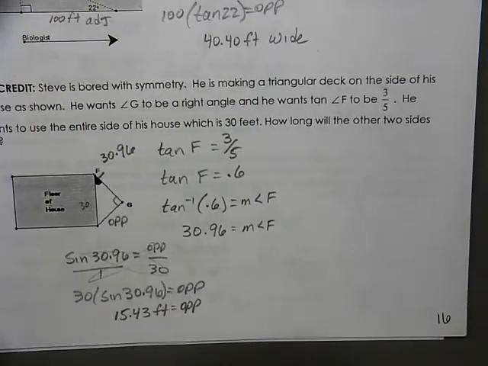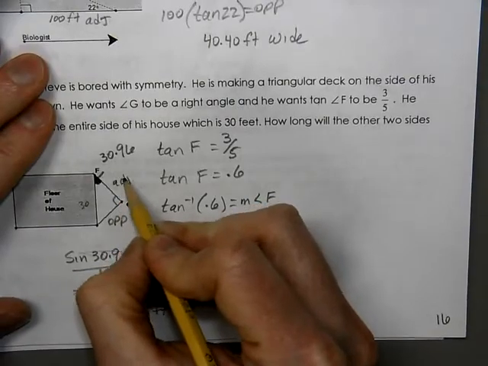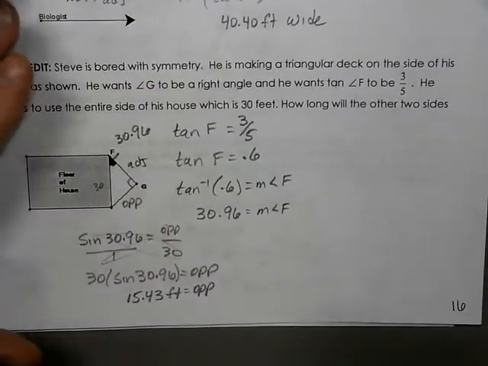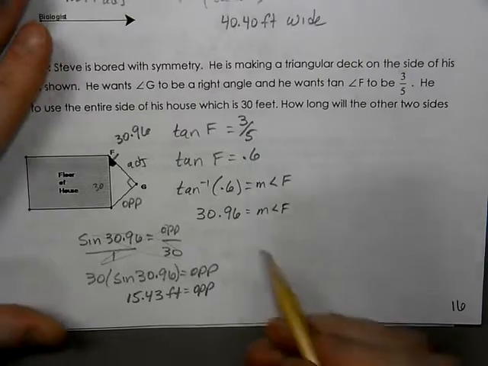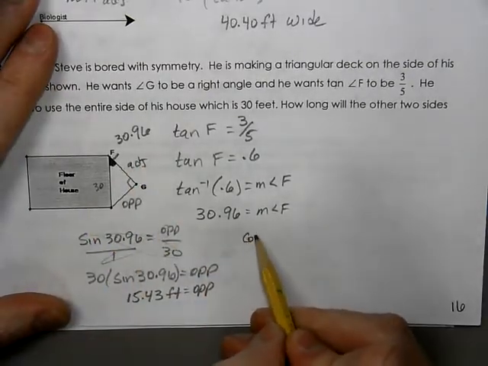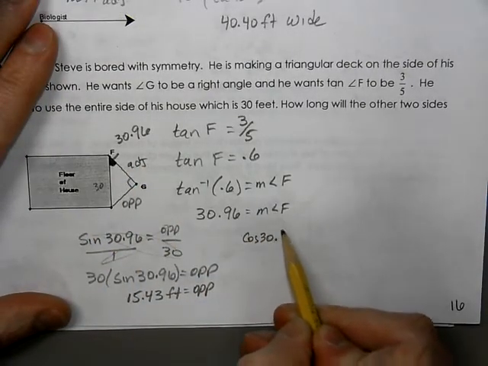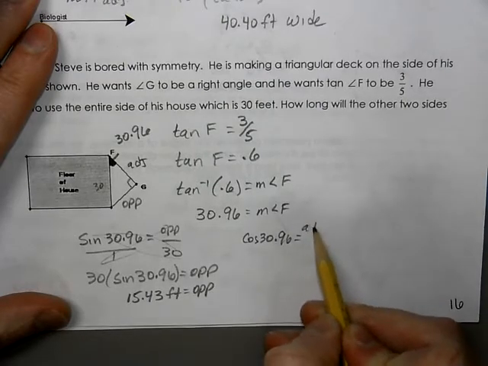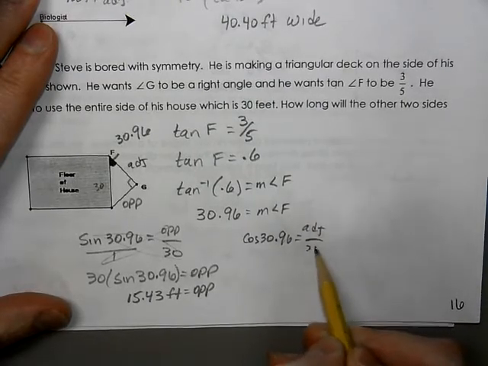That's the opposite side. The adjacent side, the one next to the 30.96, would be cosine of 30.96 equals this adjacent side over the hypotenuse.